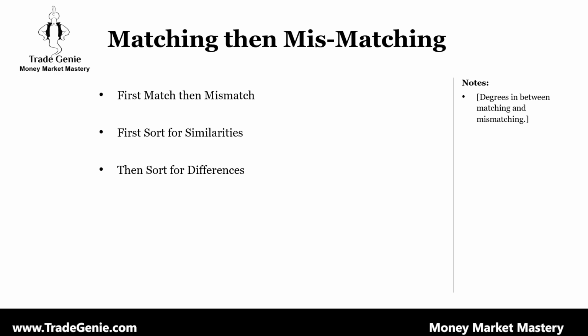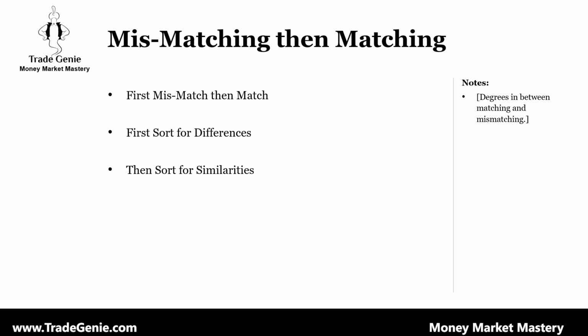So the dog did not bark. Think about that. First match, then mismatch. First sort for similarities, and then sort for differences, and then come up with your conclusion, what you are trying to achieve. So just knowing that you may be matching and then mismatching, sorting for similarities and then for differences. This is one side of the coin.